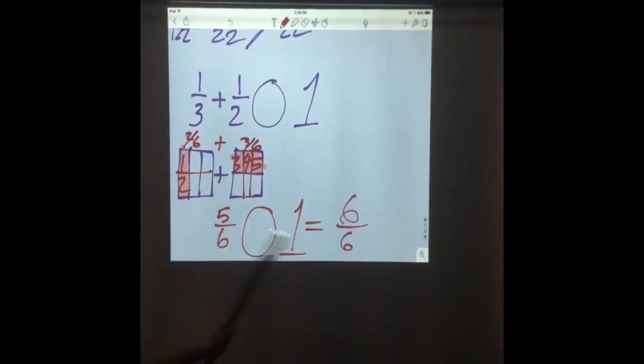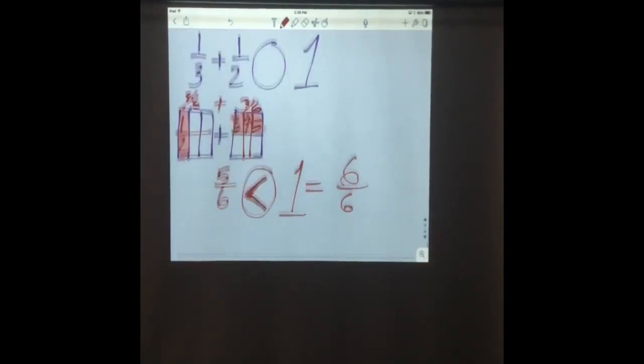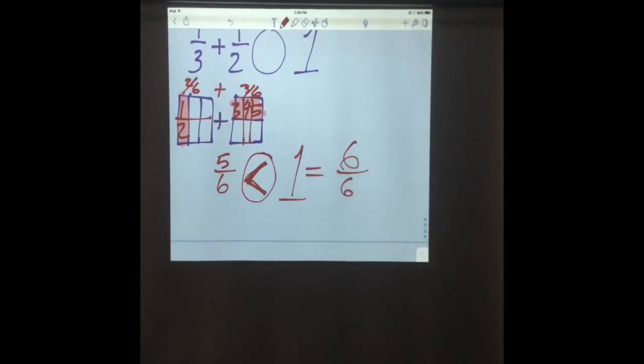That's right. This is larger than this. The 1 whole is larger than 5/6. So what sign are we going to put inside there? We're going to say 5/6 is less than 1 whole. Good job.